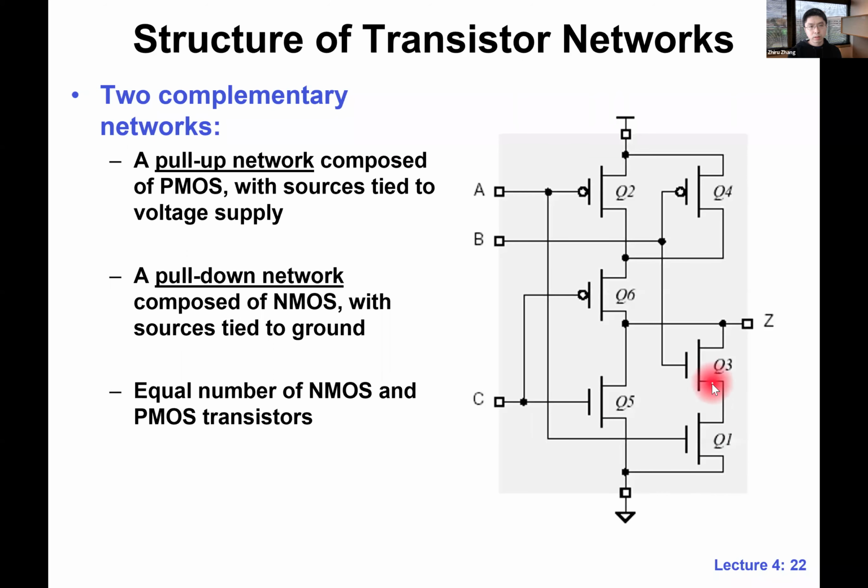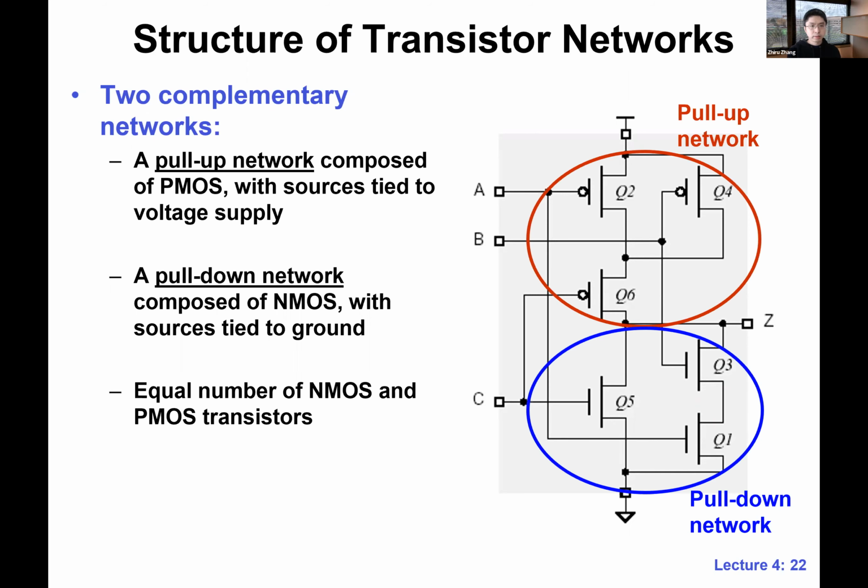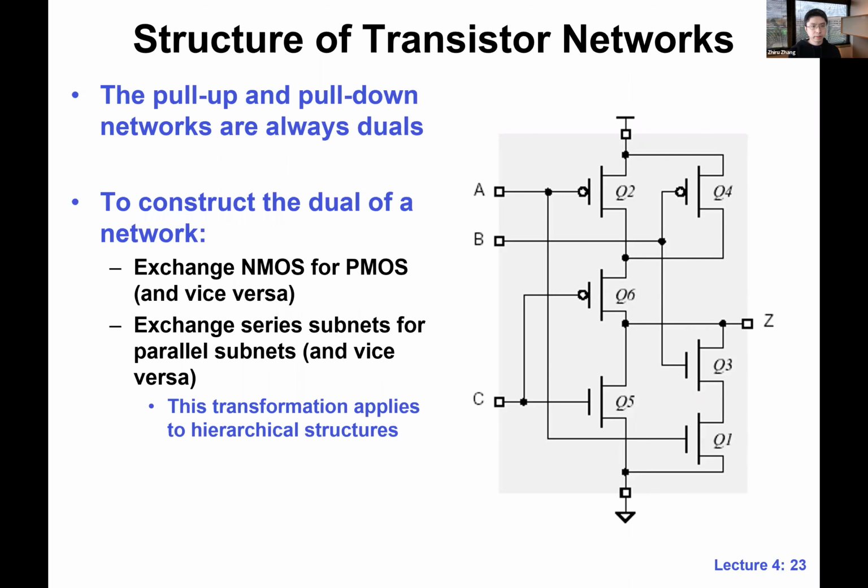So Q1, Q3, Q2, Q4 are connected to both A and B. If you have a parallel structure in the pull-up network, the PMOS network, we have a series structure in the NMOS network, and vice versa. This is another way to appreciate why this is called CMOS, complementary. And again, pull up, pull down.